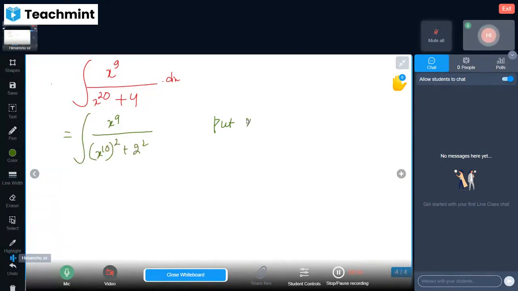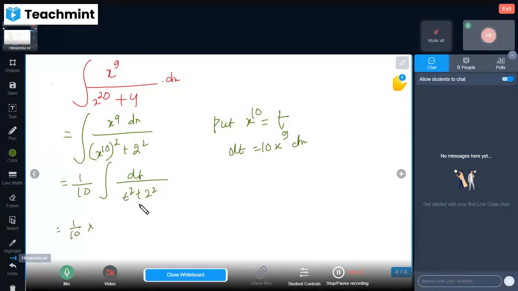Okay, now put x to the power 10 equal to t. So dt is equal to 10 x to the power 9 dx. This x to the power 9 dx can be converted into dt by 10. So 1 by 10 dt upon t square plus 2 square. So this is the formulation of tan inverse.